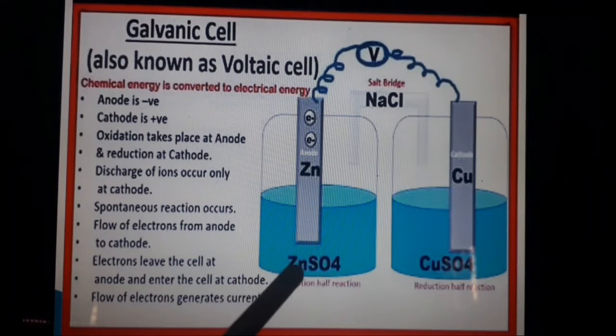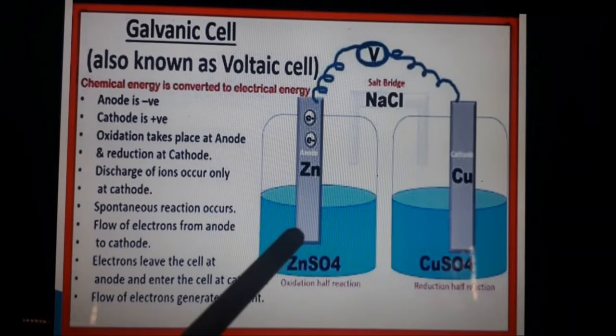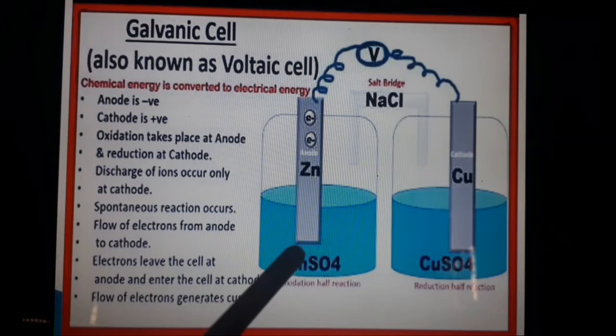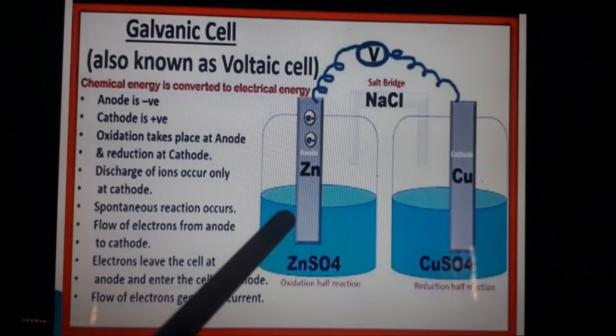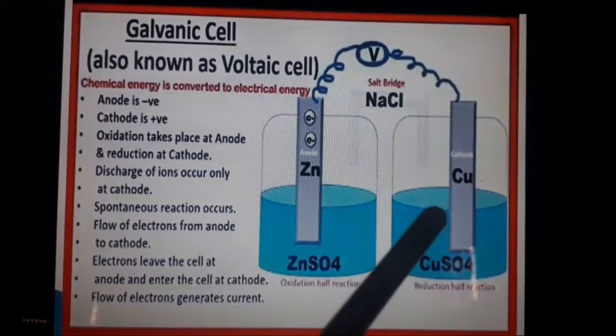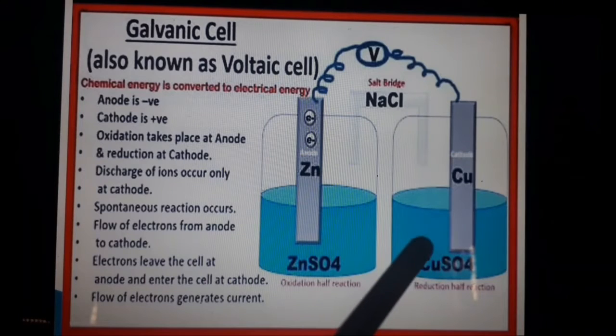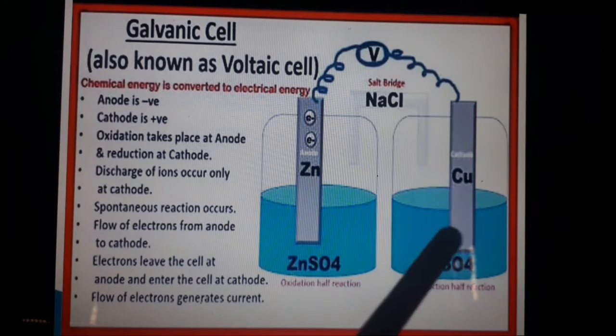The zinc ion in this zinc sulfate releases the electrons. These electrons move to the negative electrode. In the copper sulfate solution, copper ion accepts the electron and then changes to copper.